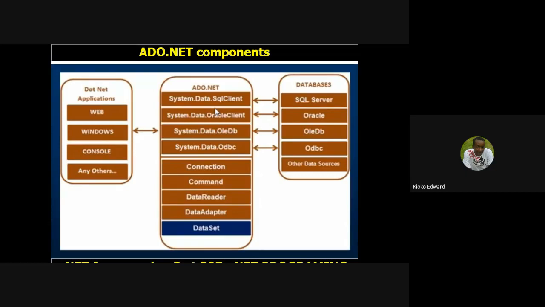So you can maybe assume that you have a large chunk of data and you want to read from the first record, then you keep on moving forward. Then at that point, you shall be able to use what we call a data reader. The data reader can only move forward. You cannot go to the previous record. Once you are positioned at the first record, you can only go to the next record.